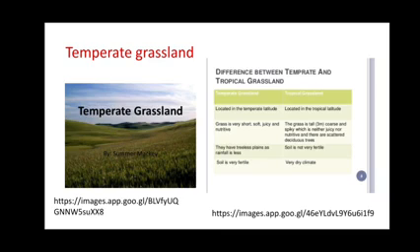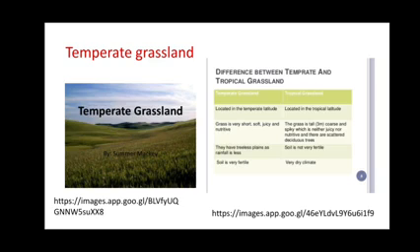The next is the temperate grassland. As we know, in the tropical grassland, tall grasses are dispersed with trees and shrubs. But here in the temperate grassland, grasses predominate over the trees and shrubs.